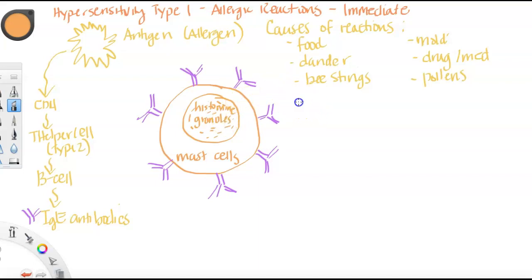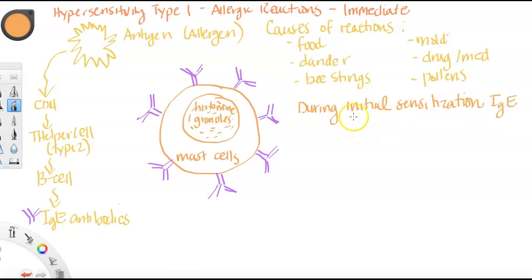So I'll write that out. So during initial sensitization, so this is where the body first sees it and then decides, oh, that's not something good for us.